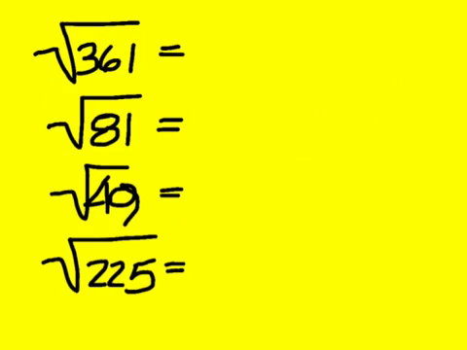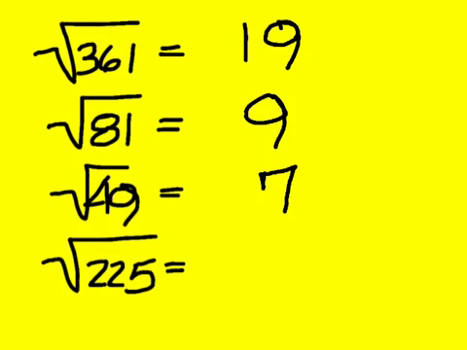Here's example problem number 2. The square root of 361. 19 is right. Square root of 81. Square root of 49. Square root of 225. 15, yes. So on the first practice problem, simply bring up the answer.